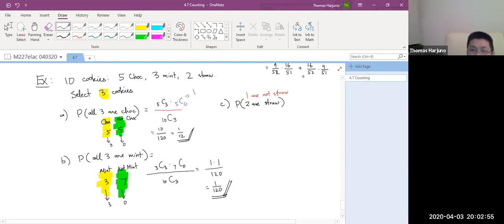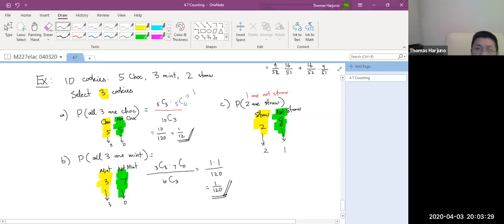Now, a slightly more difficult one. I have 2 strawberry and how many not strawberry? We have only 2 strawberry and 8 not strawberry, right? I need to select 2 from here and then how many from the other? 1, because the total has to be 3, right?